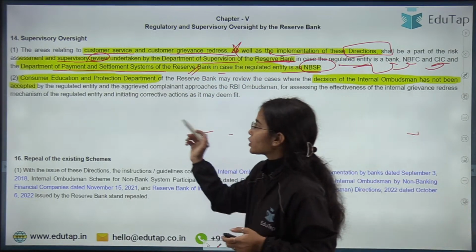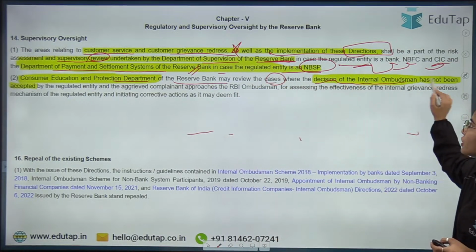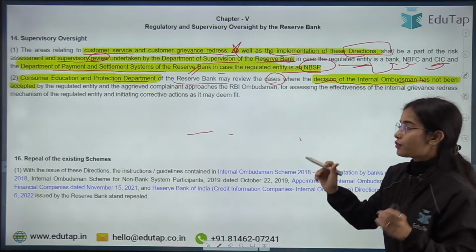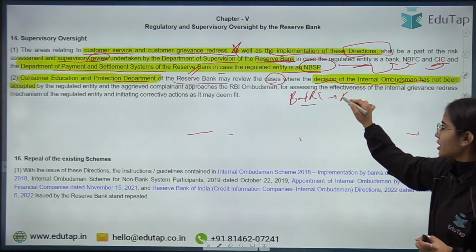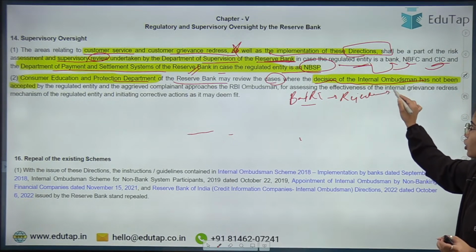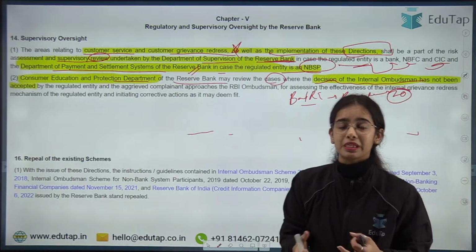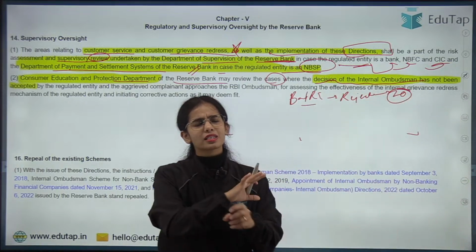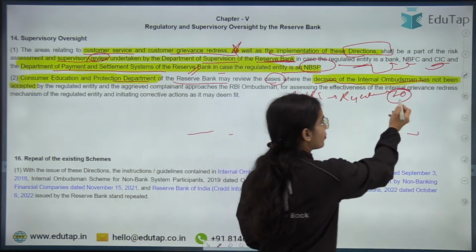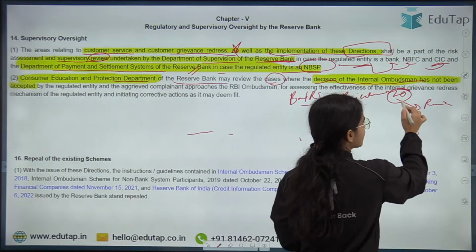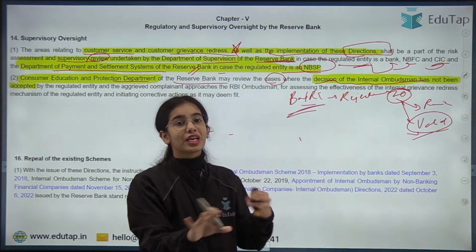Now the Consumer Education and Protection Department of the RBI may review the cases where the decision of the internal ombudsman has been rejected. So first of all, the bank or the regulated entity rejected the complaint. Now the internal ombudsman said after review that this complaint should not be rejected, it is a valid complaint, but the regulated entity or the bank is not heeding the internal ombudsman, and even after the review of the internal ombudsman that this complaint is valid, the regulated entity has rejected the complaint.